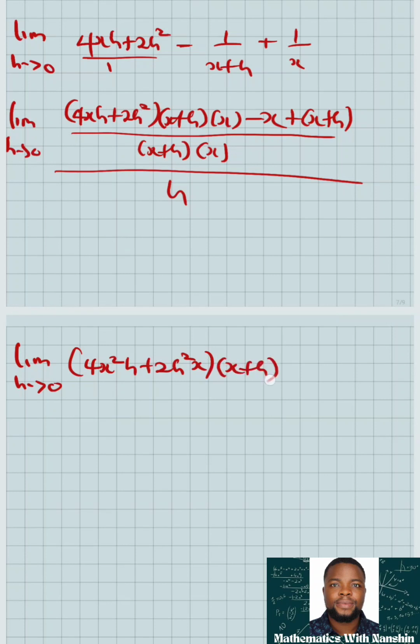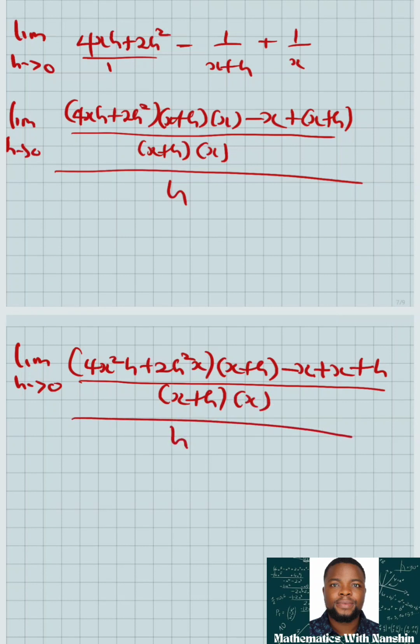Then we still have xh here. Then minus x. I can open the last bracket with a positive sign there. Then this is what I have, all over the LCM, x plus h times x, everything over h. Now if you look at the numerator closely, this guy and this guy will cancel.